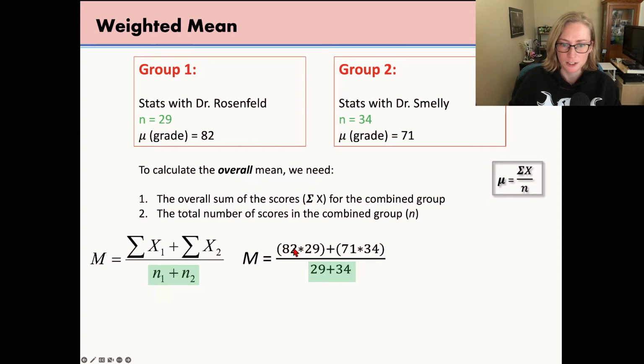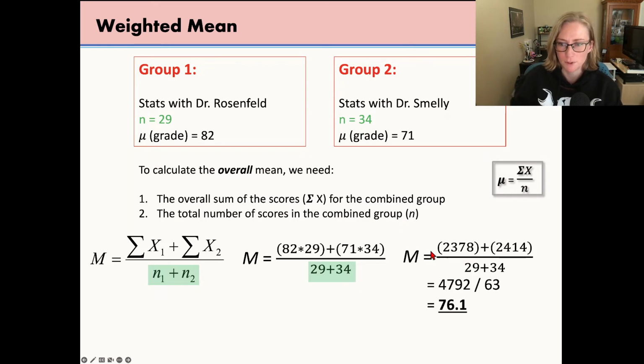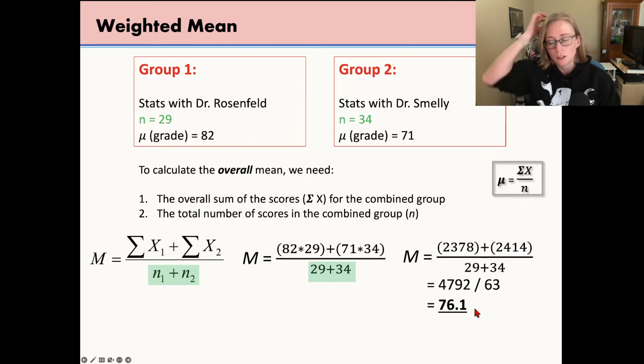So mu 82, which is up here, times n for group 1, plus 72, mu over here, times the n for group 2. Big numbers, add those together, divide them by the 29 plus 34, and we get 76.1.